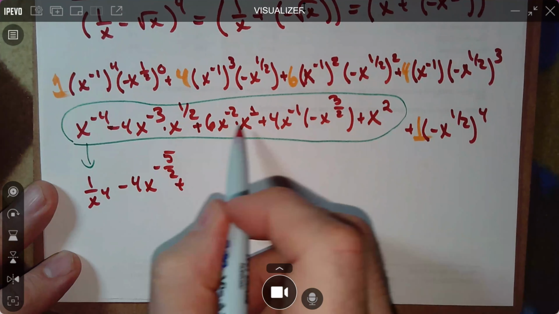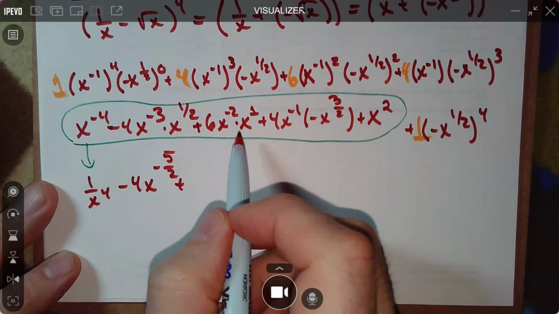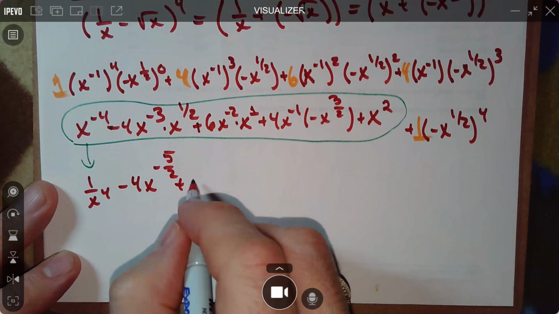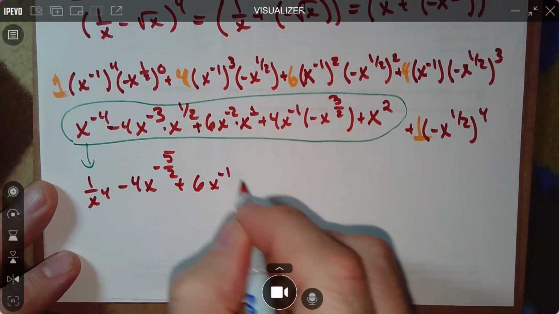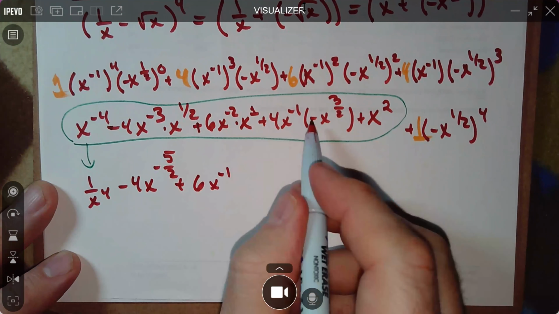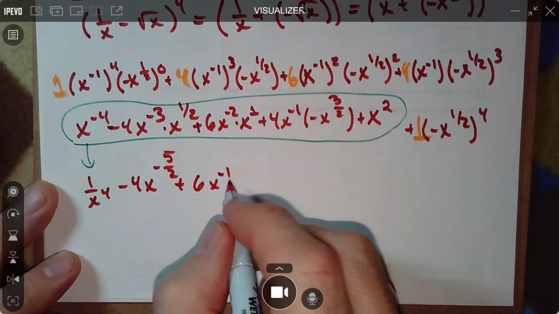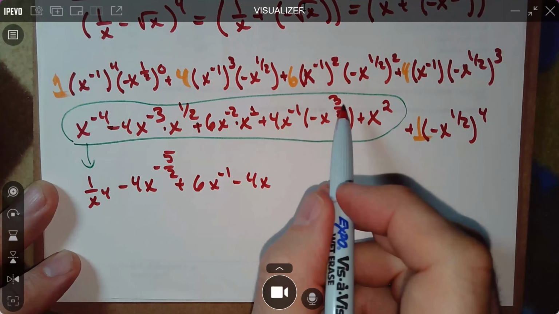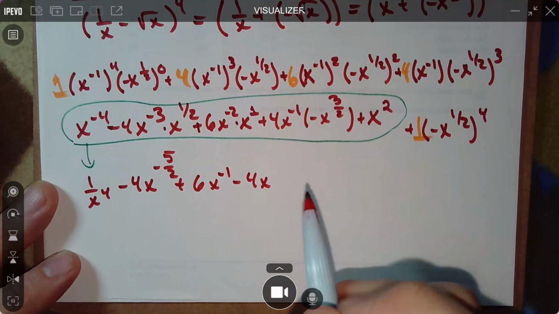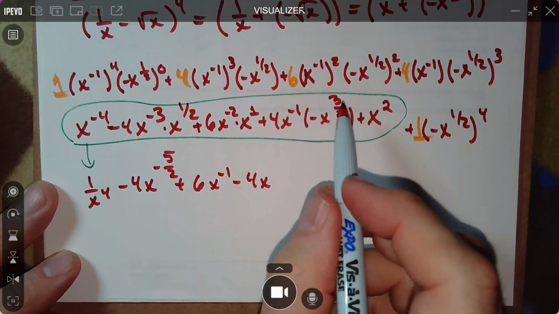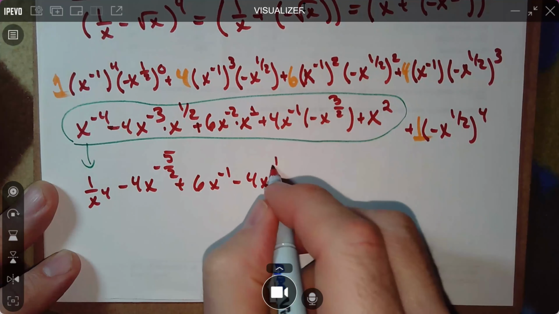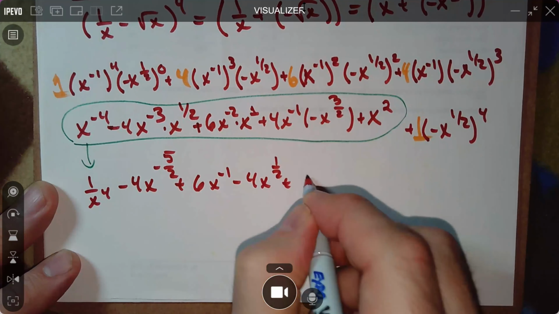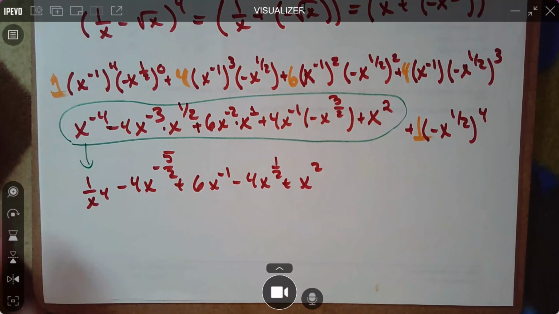Add exponents here. I'll get 6x to the negative first, minus times a plus is going to be a minus 4x, negative 1 plus 3/2. Well, that's negative 2/2 plus 3/2 gives me 1/2, plus x squared.